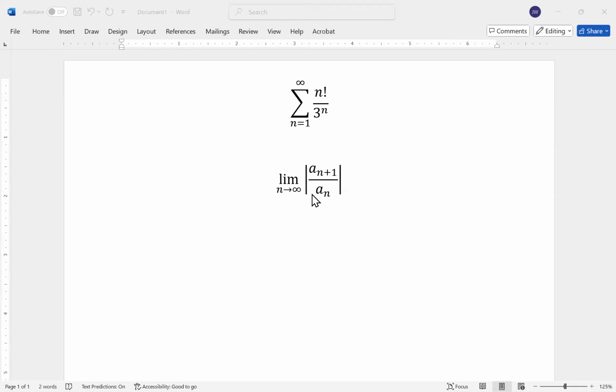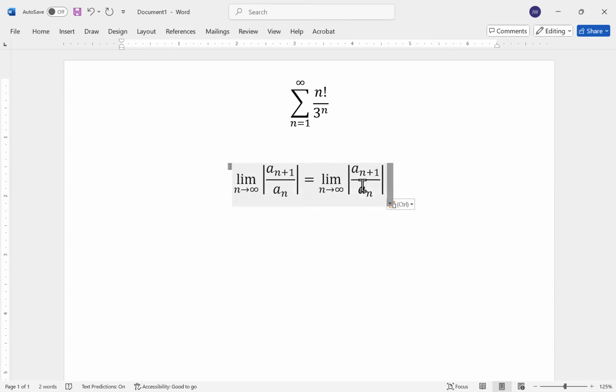So in terms of the ratio test, I need to calculate this limit. And we'll see that once we see what the ratio test is actually doing, that limit calculation we can kind of skip. But for right now, let's calculate this limit. Now you have to put the a sub n plus 1 term on the top and the a sub n term on the bottom. The nth term is n factorial over 3 to the n.